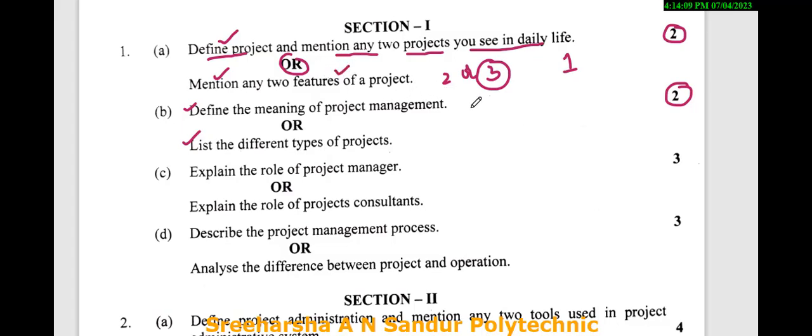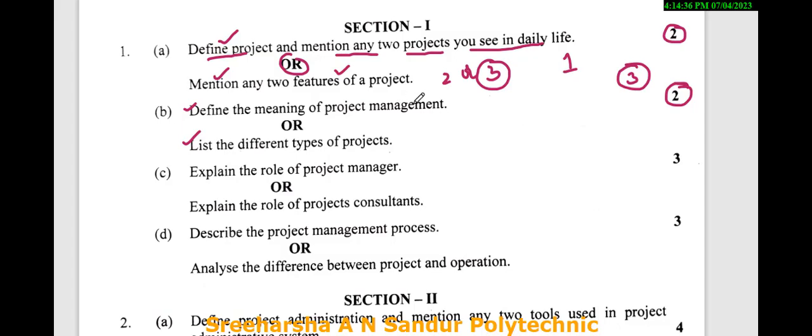Always make this a habit. If the question is asked for 2 marks, write 3 points at least. Next, again either you can write define project and mention any 2 projects you see in your daily life, or you can write mention any 2 features of the project. Any one of them you can write.